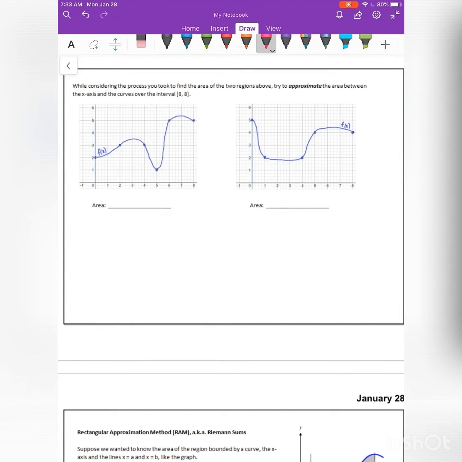So let's say we wanted to find the area underneath these two different curves as best we could. Well, what you might do is start drawing rectangles very similar here. This one's going to be a little weird. Maybe do a little rectangle here.